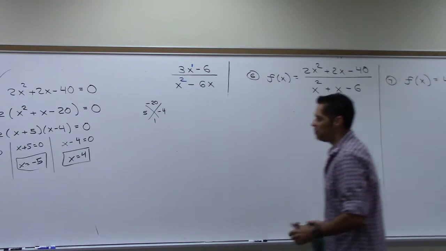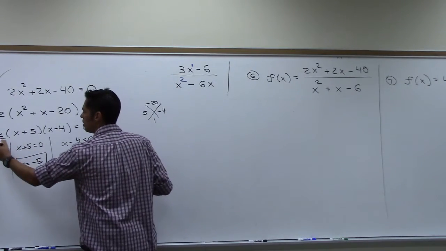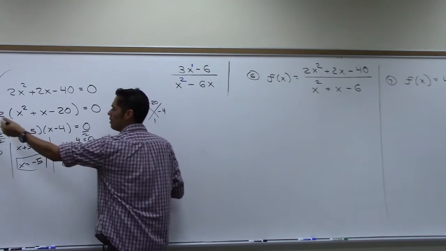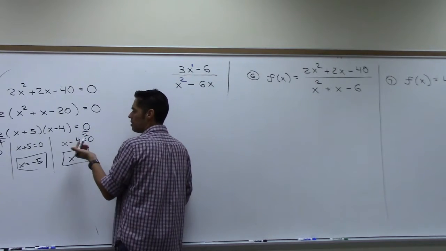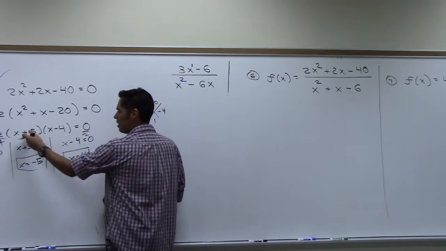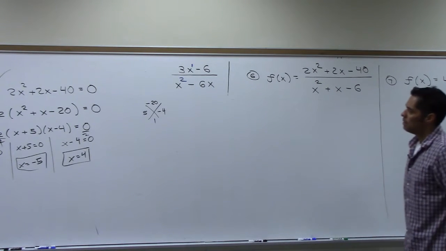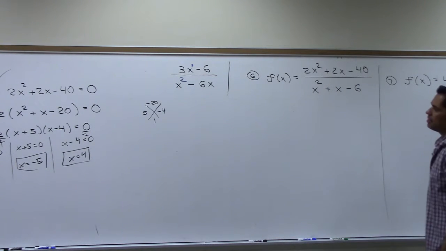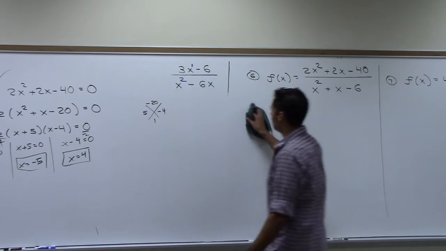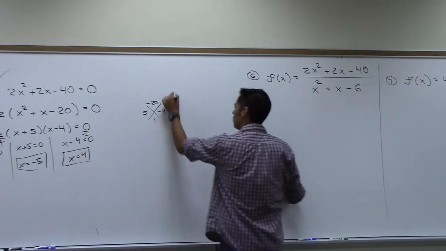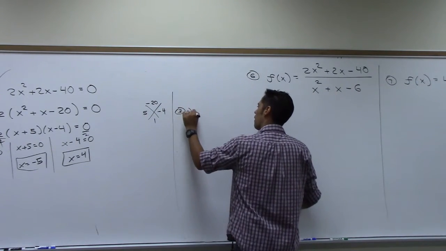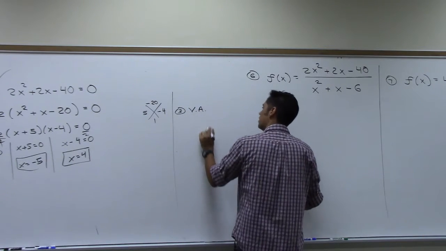If you don't like that explanation, you could divide both sides of this equation by 2. This is a 1. 0 divided by 2 is still 0. So you're basically at this times this is 0, and you get those 2 answers only. All right, x-intercepts done. Third step, verticals. Set the bottom to 0.